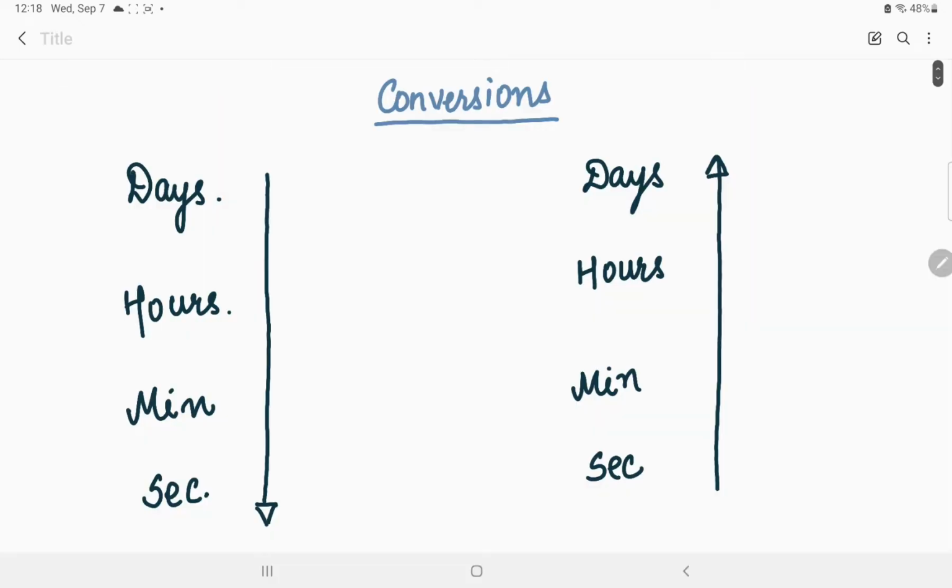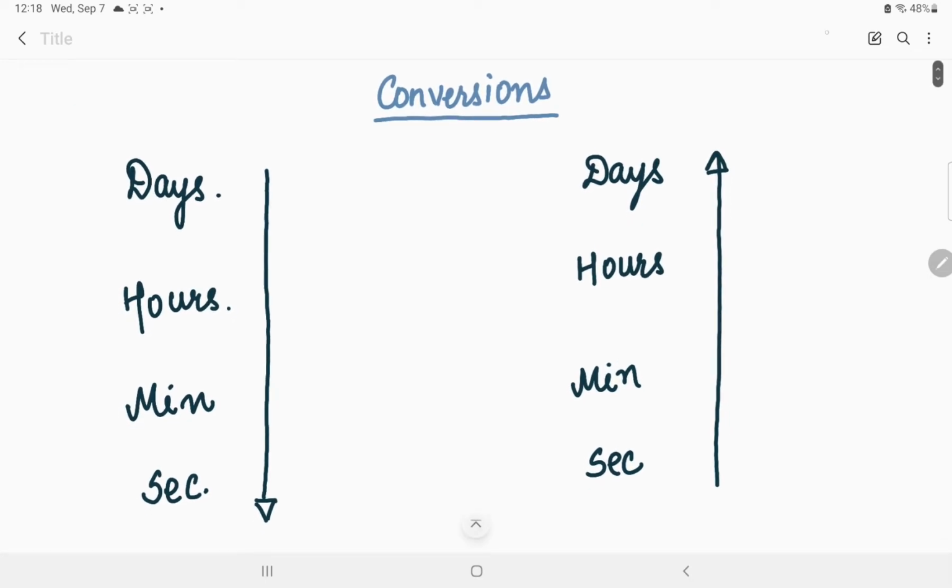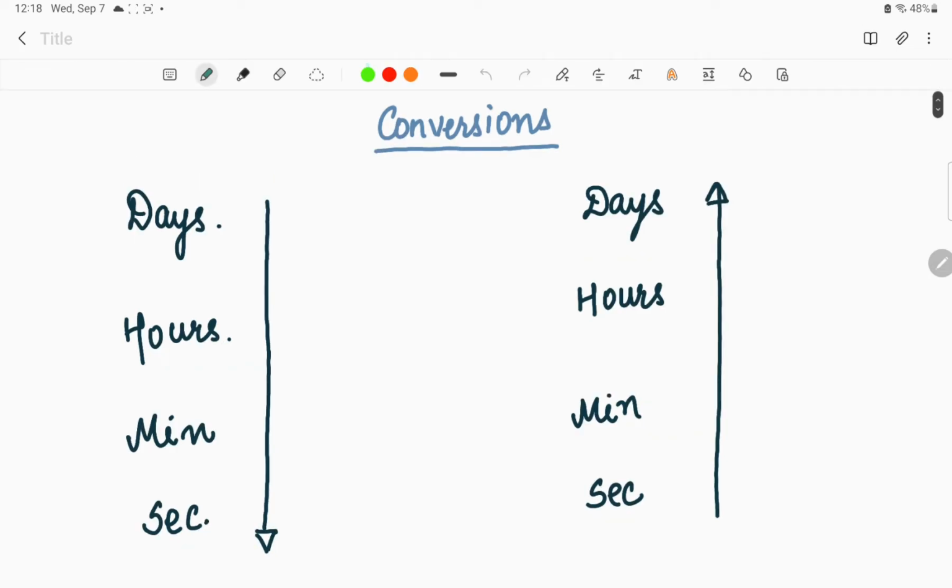To understand it in detail, let us take some examples and also solve the PYQs. Now this is the conversion that we have seen. Converting days into hours, hours into minutes, and minutes into seconds, we are multiplying.